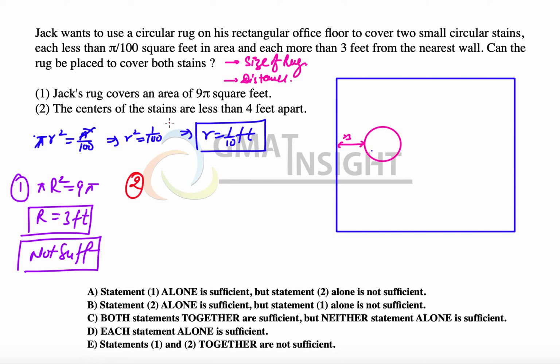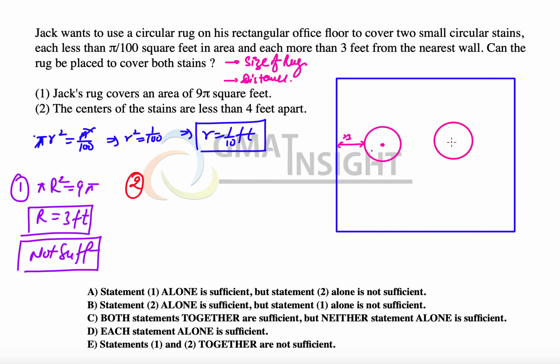The second statement says that the centers of the stains are less than 4 feet apart. So if I take one stain here, the second stain must be placed somewhere such that the distance between their centers does not exceed 4 feet.